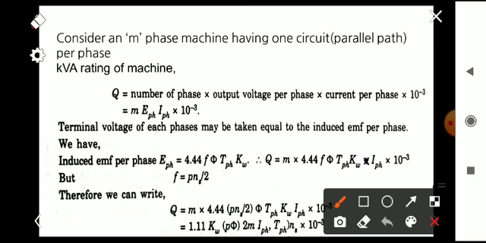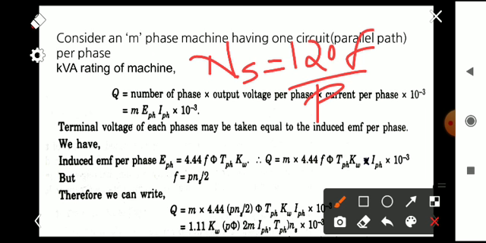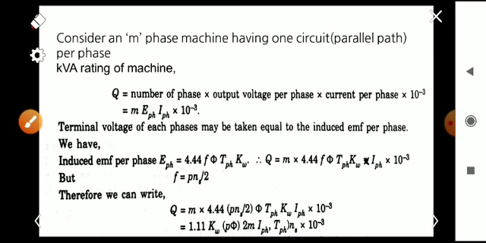We know that the synchronous speed in RPM, capital Ns, is equal to 120 f by P. This capital Ns is in rotations per minute, RPM, and the small ns means rotations per second.